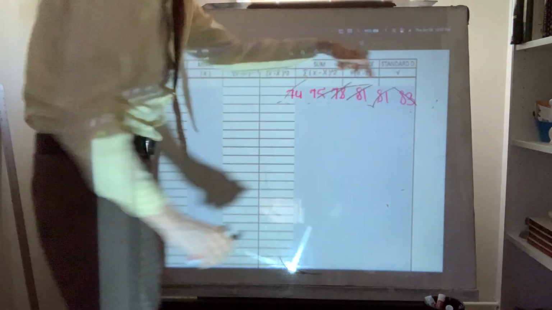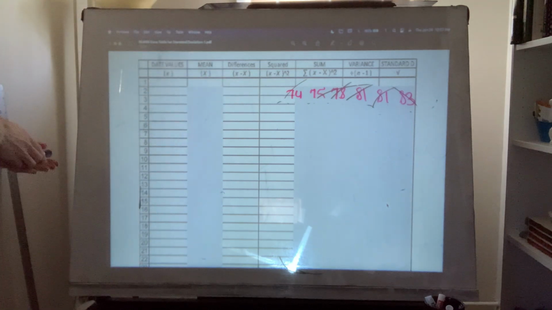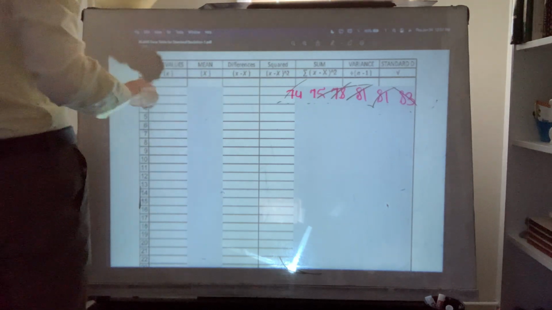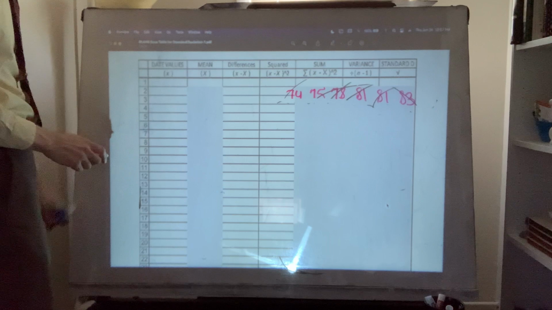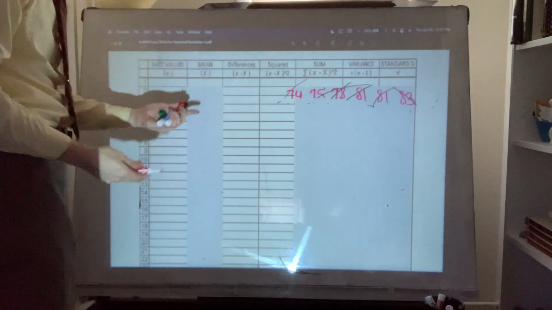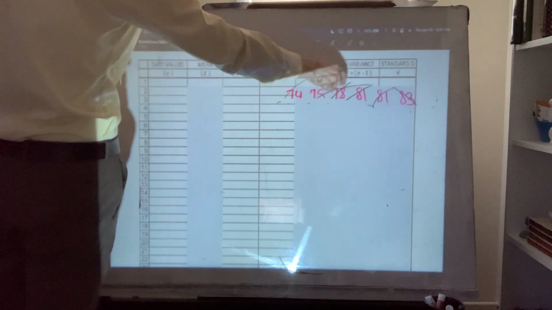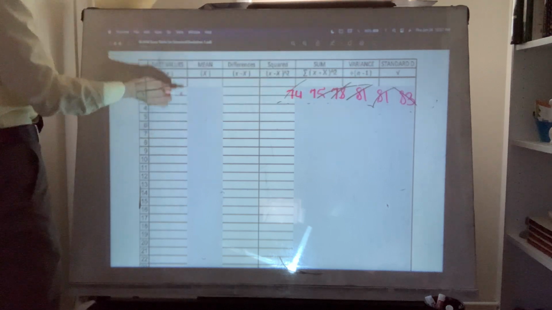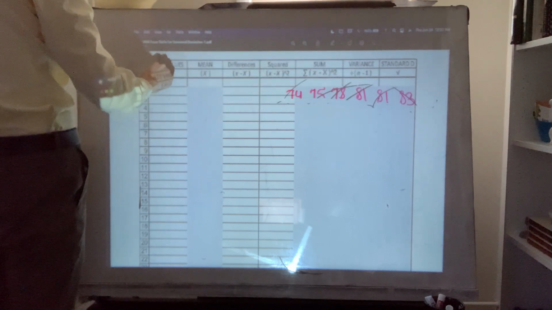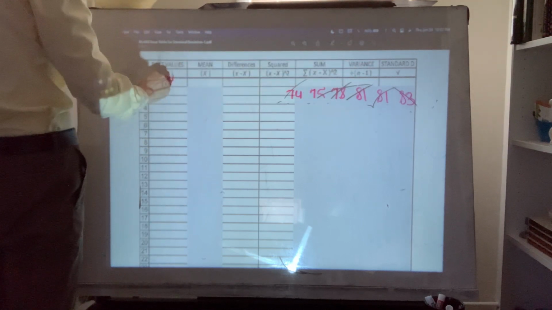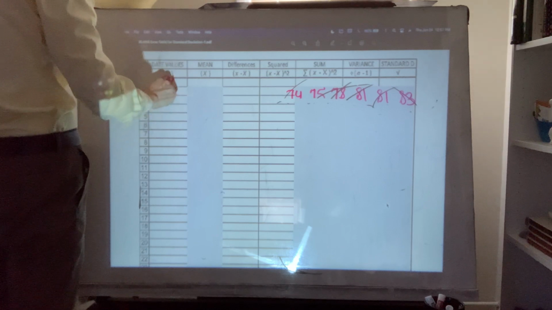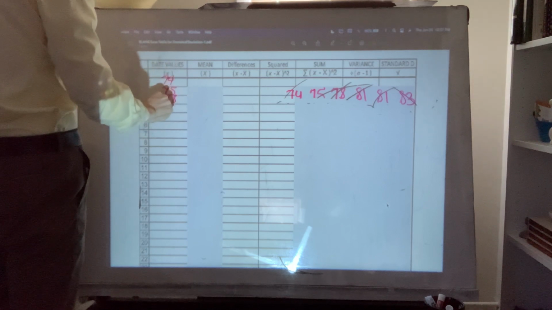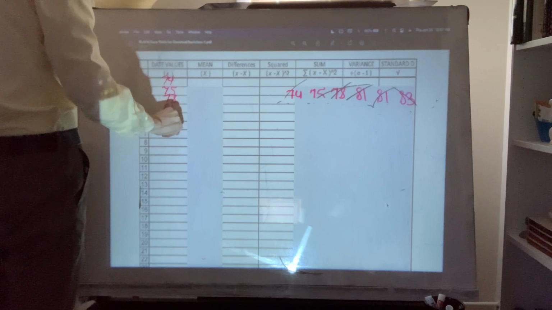But I already put it in numerical order. You would write it in the cells here, giving the spreadsheet the data. So 74, 75, 78, 81, 81, 83, you would write in a column here.